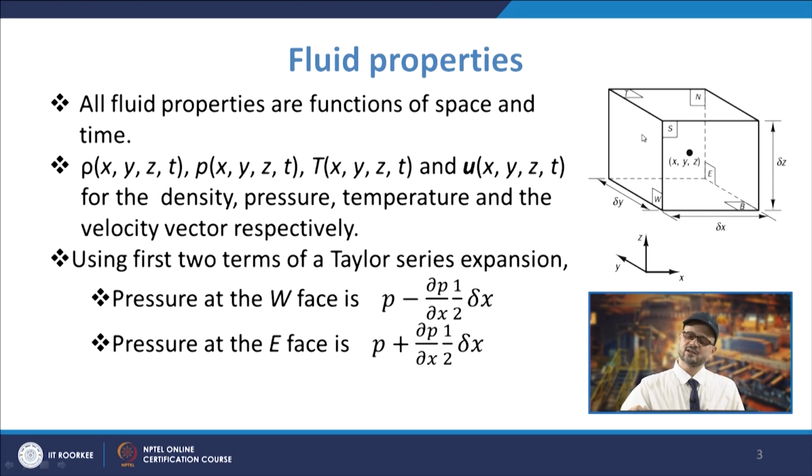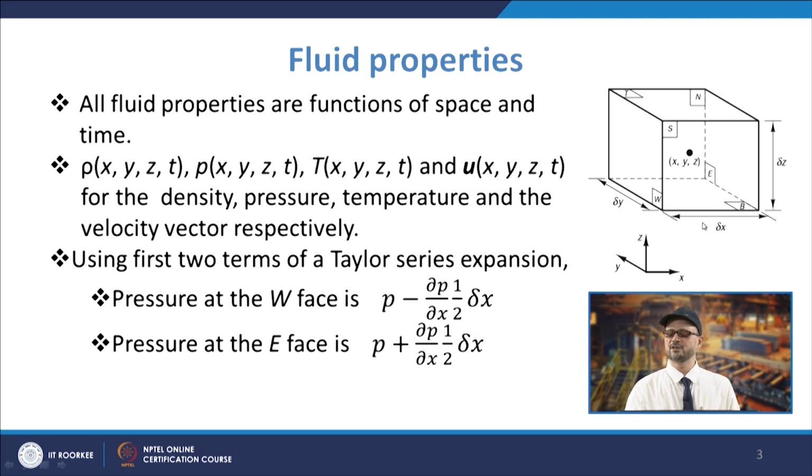Take this face, which will be your west face on this side. On this face, if you take the pressure, and the pressure P is at this point x, y, z, then at this face it will be P minus dou P by dou x times half of delta x.